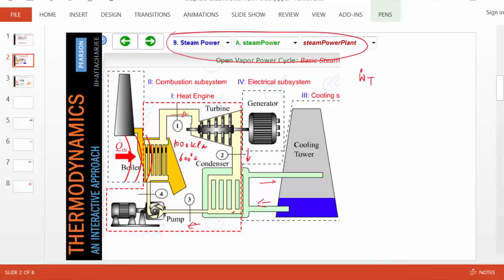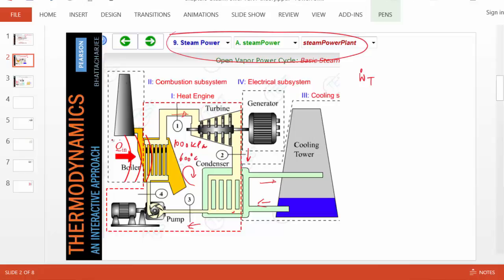So at state 3, we have liquid again, which is pumped up to a very, very high pressure. It is the pump that makes the water go around this cycle. The pump raises the pressure back to a very high pressure, and as the water passes through the boiler, it gets heat from the furnace or a nuclear power plant.